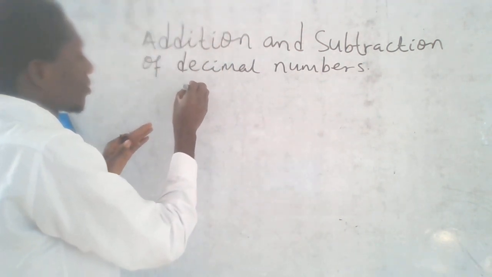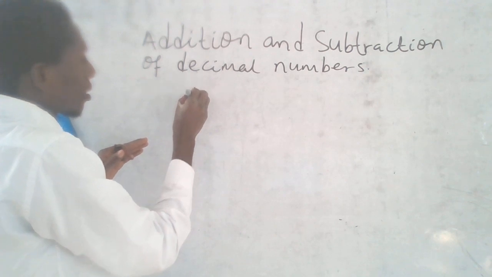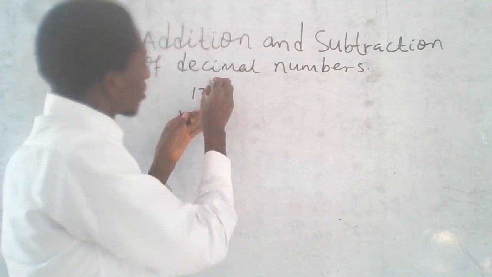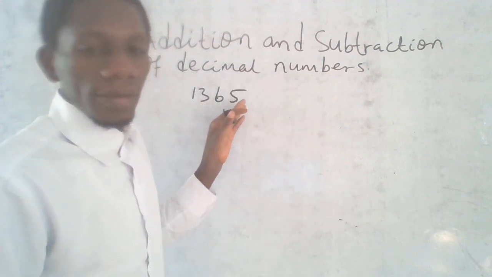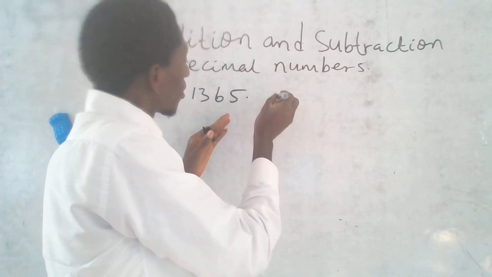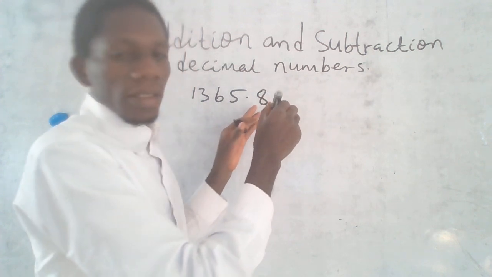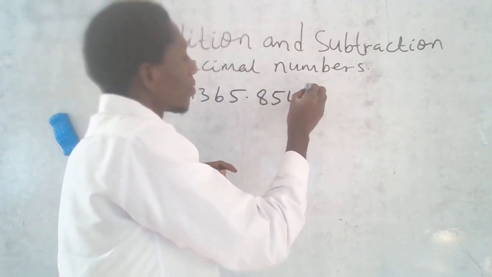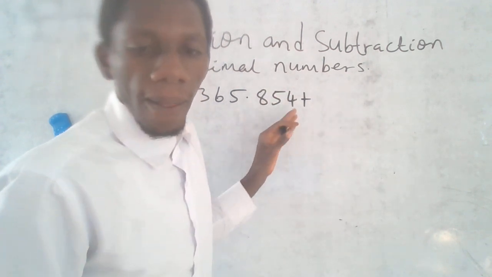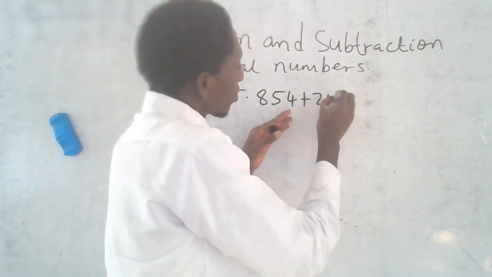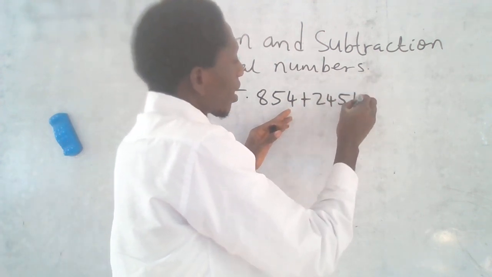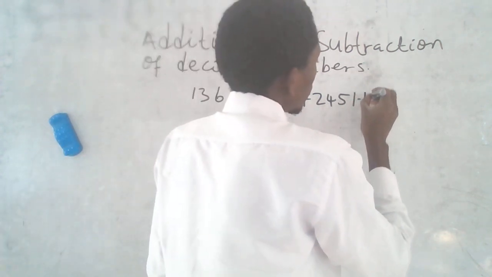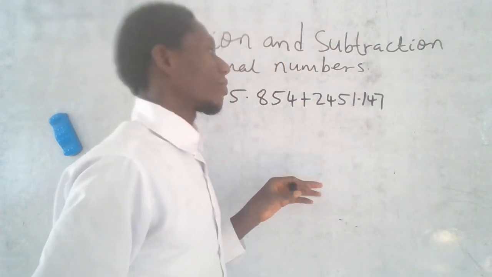So let's say you have 1365.854, then plus 2451.147.